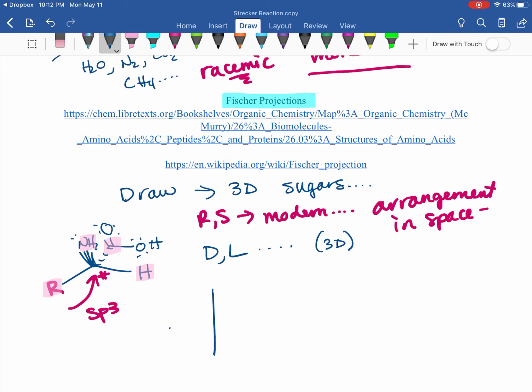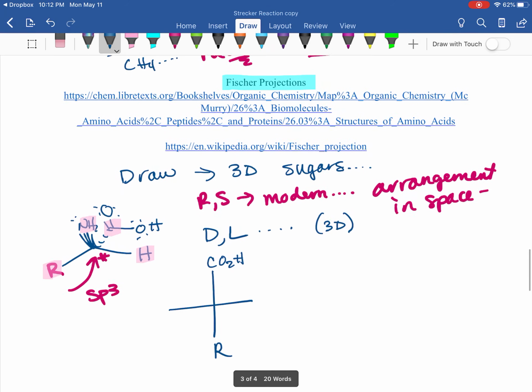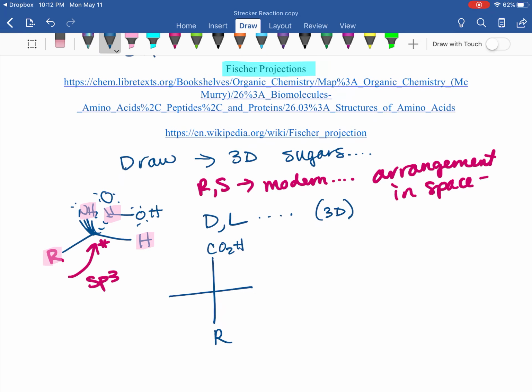And this only works for amino acids and sugars. Let me show you why. We're going to follow a set of rules, and we're going to draw it like a little cross mark. Our set of rules is that we will always put the carboxylic acid on the top, and we will always put the R group on the bottom.